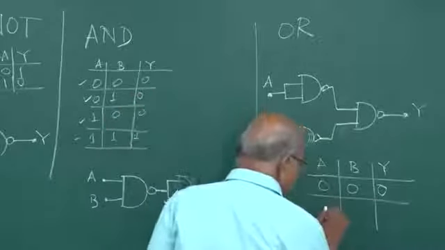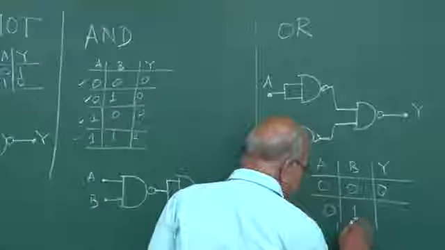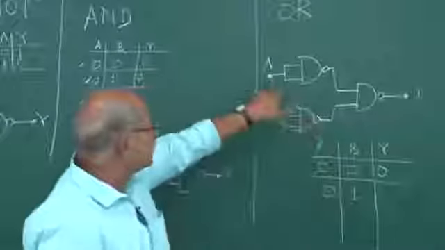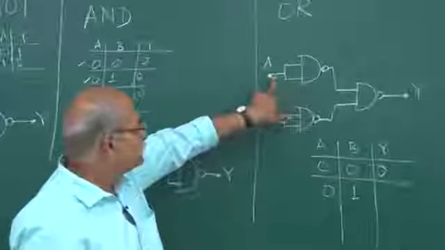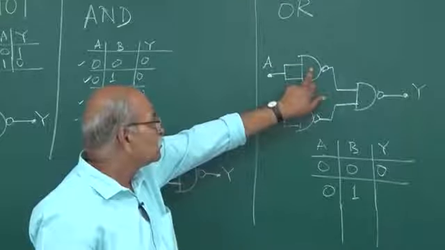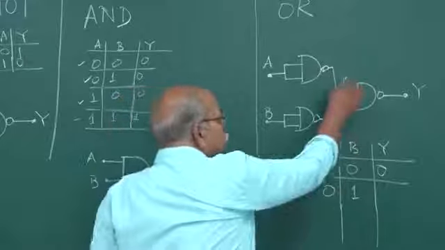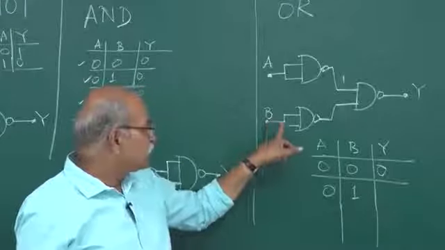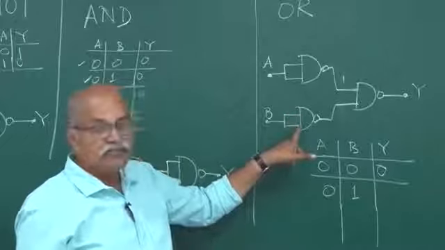Next, 0 and 1. A is 0. So this is 0. Fine. So if this is 0, this is 0, this is 0, AND gives me 0. Not of 0 is 1. So this is 1. And from this side, B is 1. So this is 1 and this is 1.